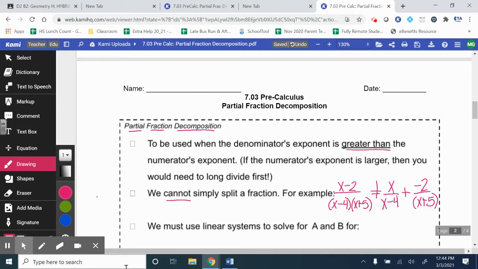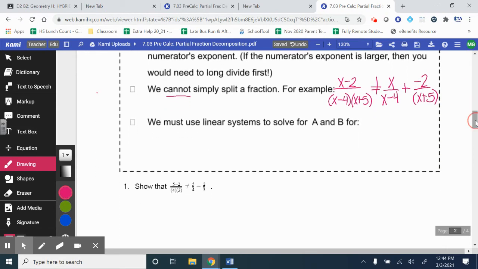I'll show you why it doesn't work in just a moment. So what we'll do instead is use linear systems to solve for A and B. Let me show you where A and B are. If we take that x minus 2 over x minus 4 times the quantity x plus 5, I can split that into two separate fractions. The first fraction will have the x minus 4, and the second fraction would have the x plus 5.